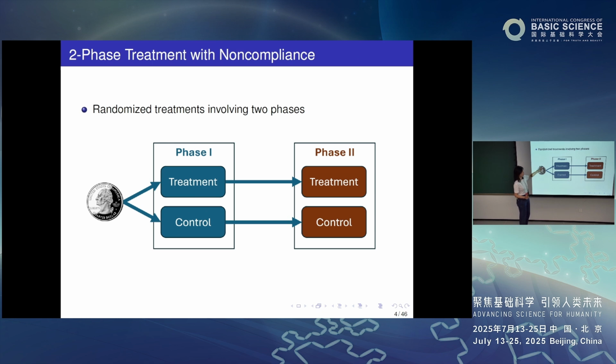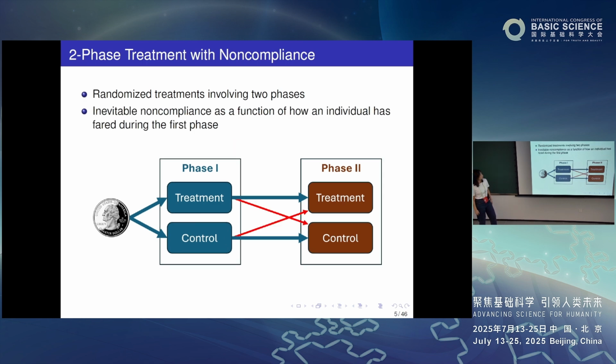The subjects who take the treatment at both time points and the subjects who receive the control at both time points are comparable due to randomization, so I can easily estimate the causal effect of taking a sequence of the treatment versus a sequence of the control by just comparing those two groups. That's easy. But in practice, things are always much more complicated.